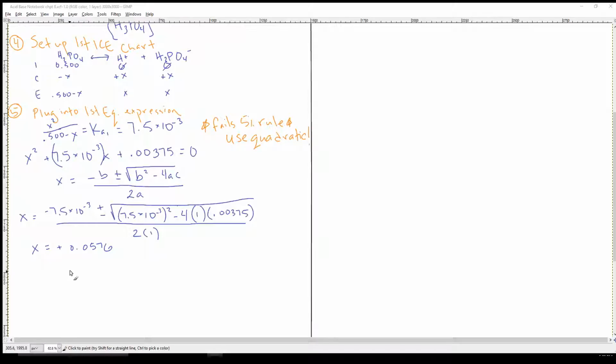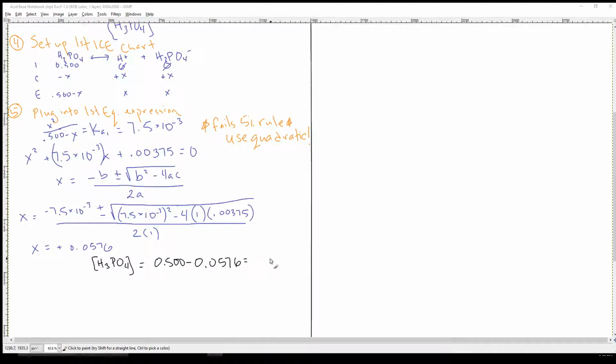So now I'm going to use this to figure out concentrations from up above. I want to know the concentration of my H3PO4 as one of my answers. So here's my exciting answer color. The concentration of H3PO4 is equal to 0.500 minus 0.0576.